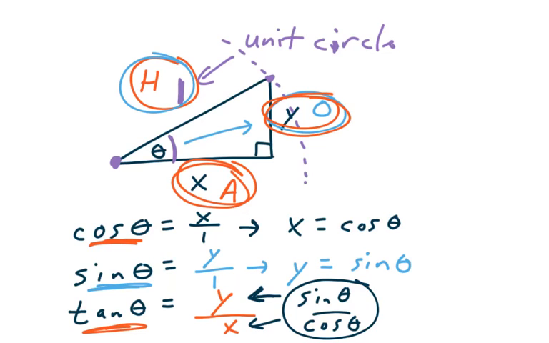But the bottom line is tangent theta is always equivalent to the sine of theta divided by the cosine of theta. Tangent is always sine divided by cosine.